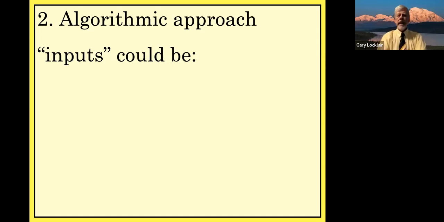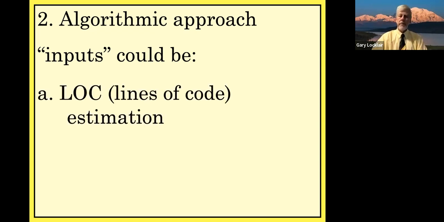So what's the data that I'm going to give this estimation algorithm? Well, many algorithmic approaches to estimation take an input called LOC. It stands for lines of code. If you can estimate how many lines of code will be in your finished product, you input that to the algorithm, and it will tell you how long, how many people, how much effort.